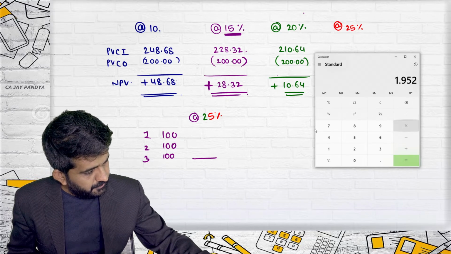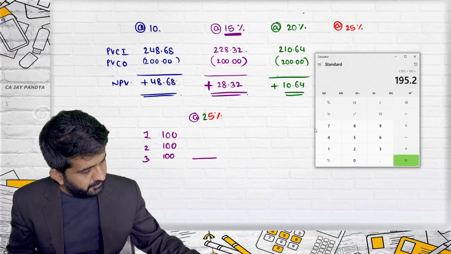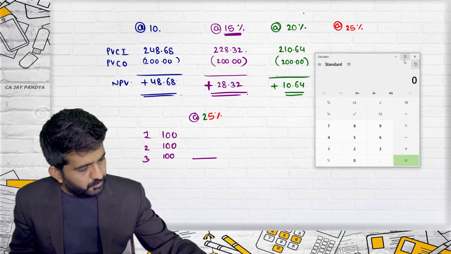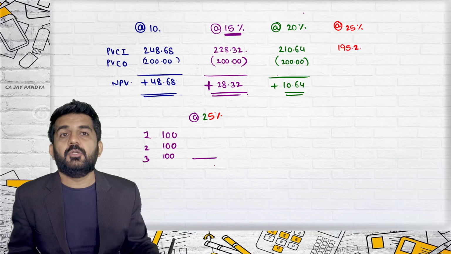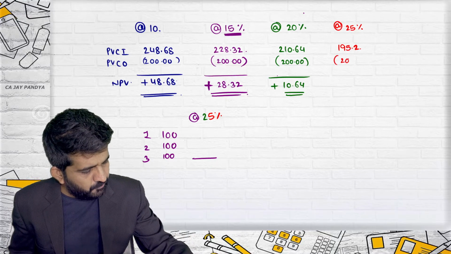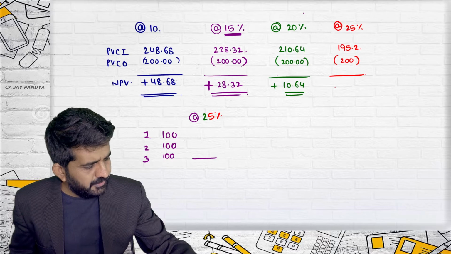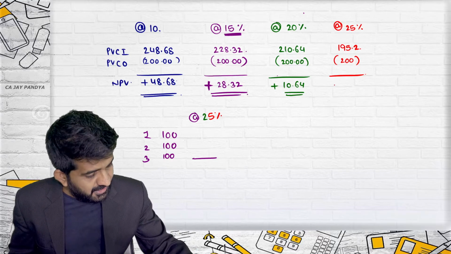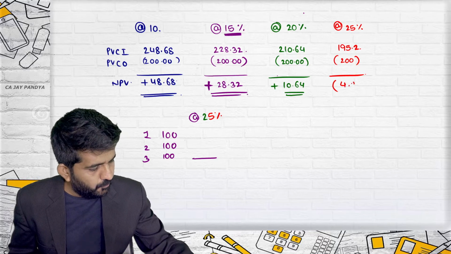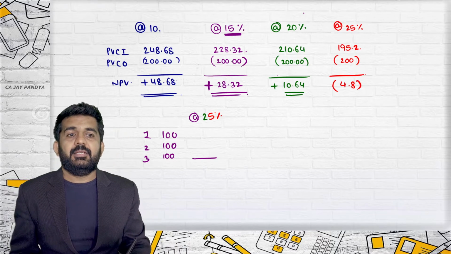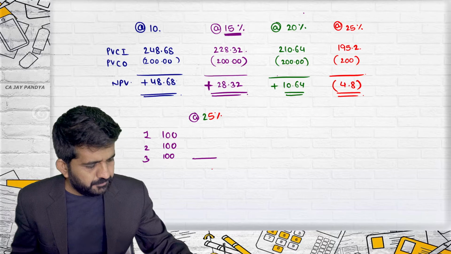MRC multiplied by 100. It is 195.2. What is the present value of cash outflow? 200. What is the answer? Negative 4.8. And this answer is negative.